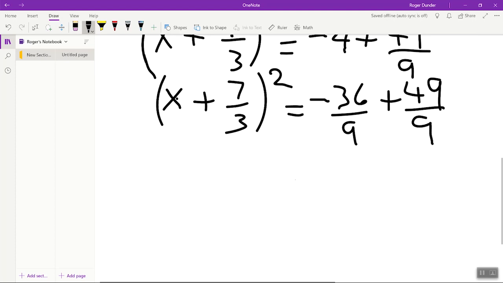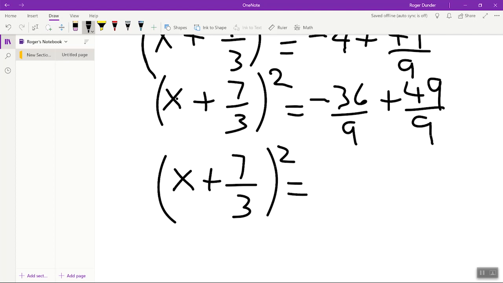So working that out, now we have (x + 7/3) squared is equal to -36 plus 49, which is going to be equal to 13, isn't it? So 49 minus 36, yeah, 13. So this is 13 over 9.